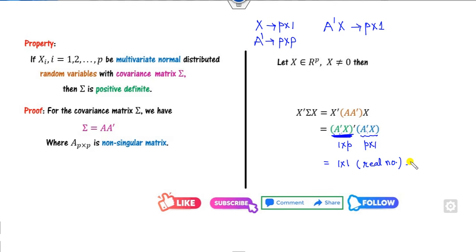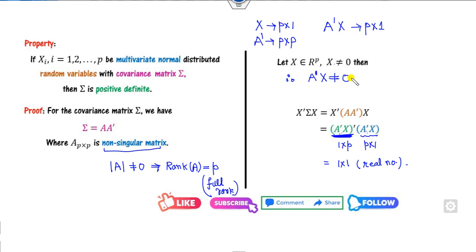Fine. Now look at that. What is given to you? A is my non-singular matrix. What does it mean? The determinant of A is non-zero. That means the rank of A is p, which is called full rank, because the determinant is non-zero. So therefore A transpose is non-zero, x is non-zero, so the product will also be non-zero.